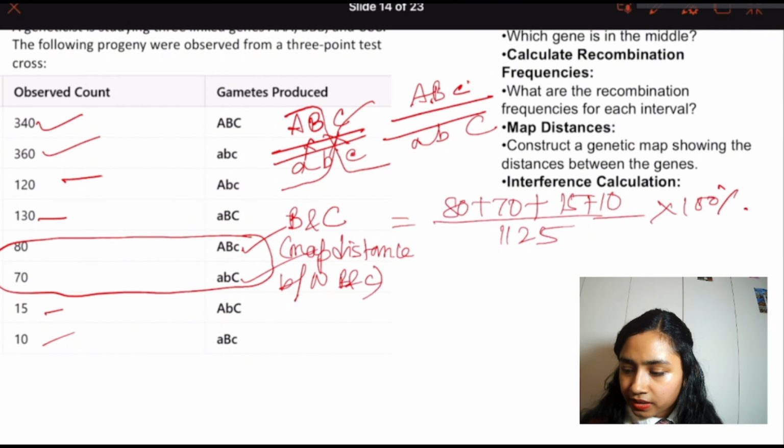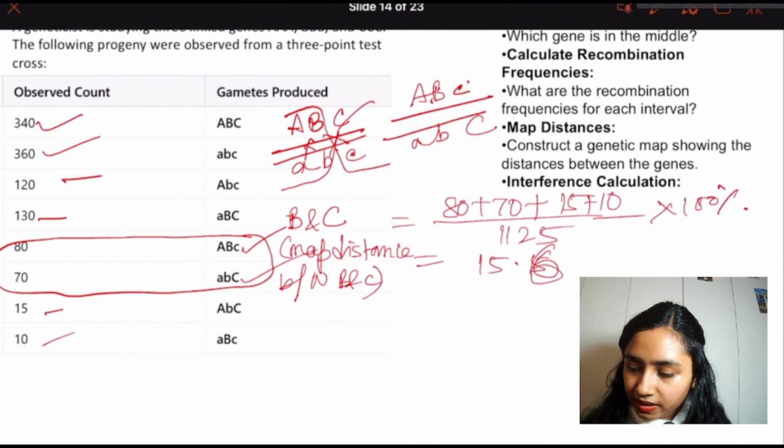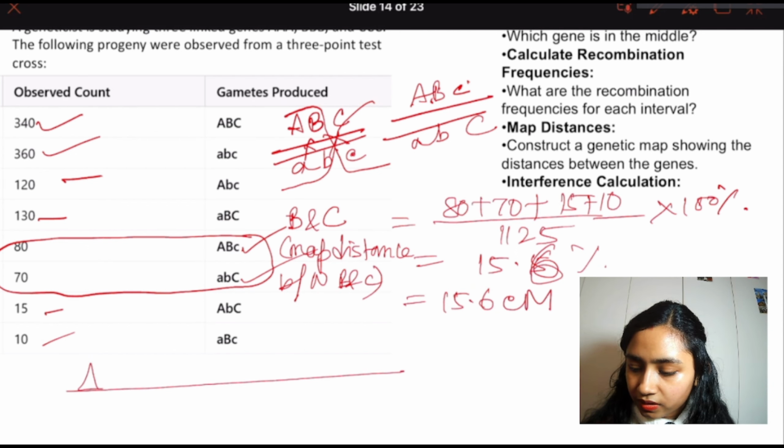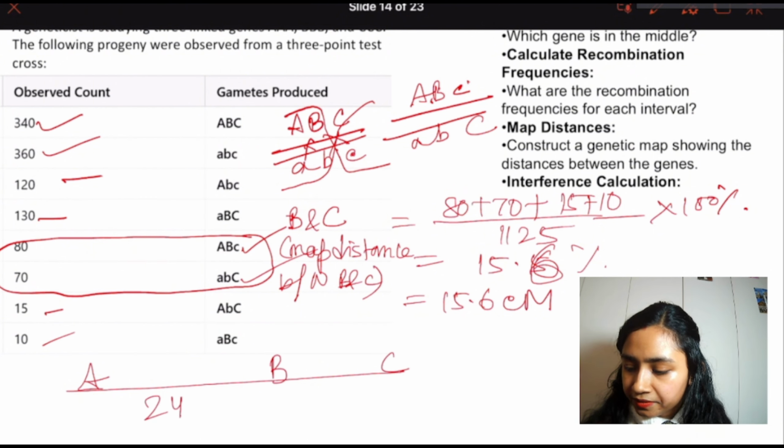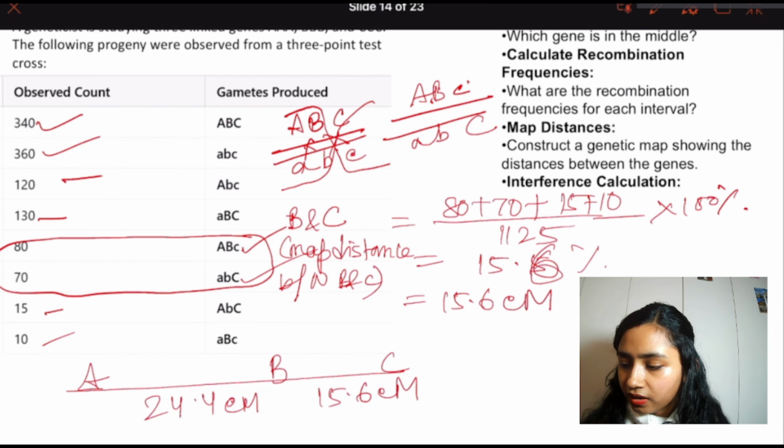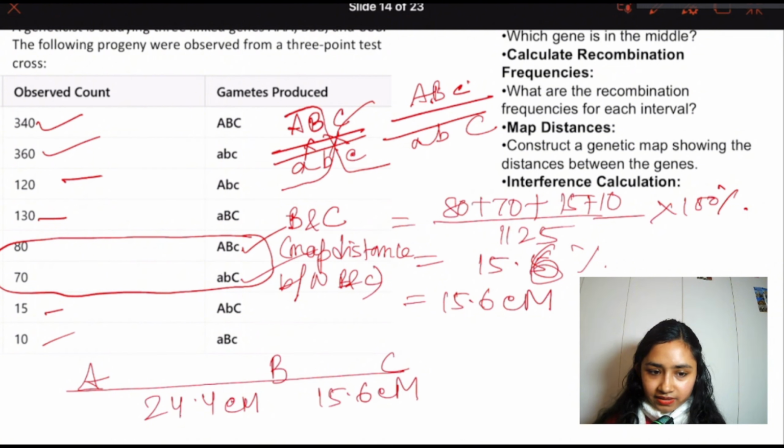So it gives you 15.6%, or 15.6 centimorgan. So between A and B 24.4 centimorgan, between B and C 15.6 centimorgan. So these are the distances between A and B and between B and C.